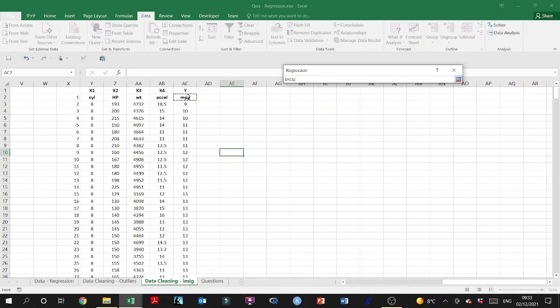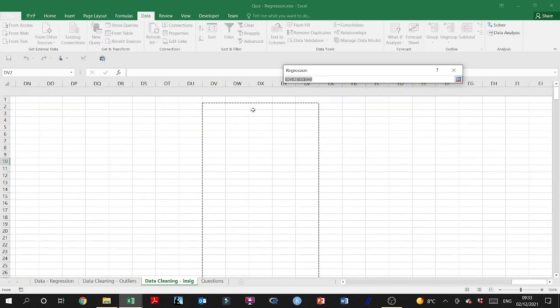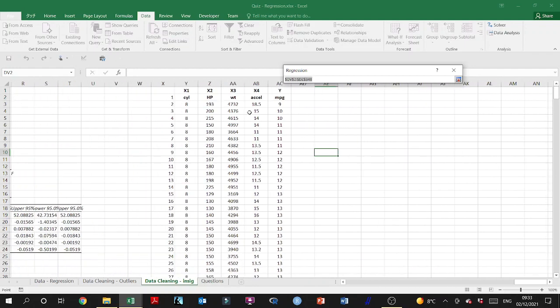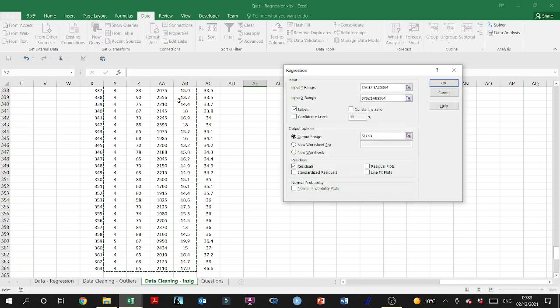Start with the Y. And then start with the X's. Now we have fewer X's, right? Only 4.